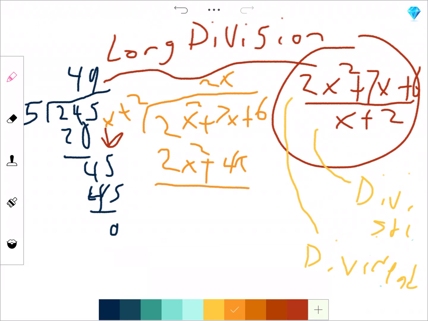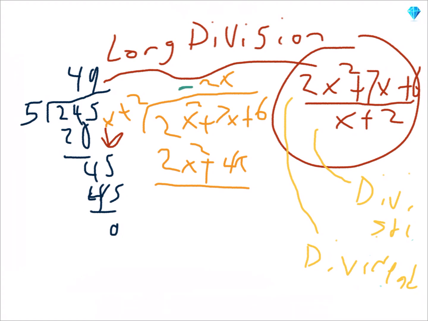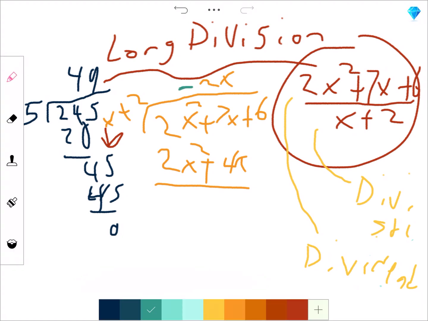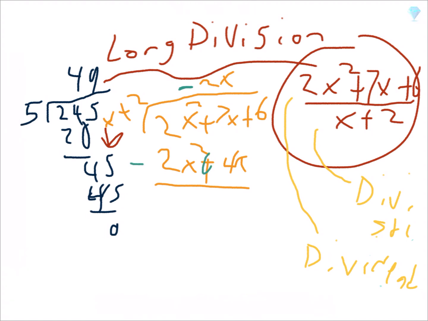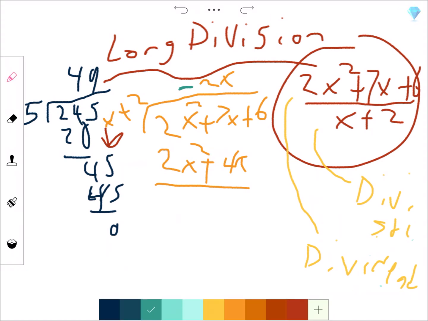You may be thinking, wouldn't this negative 2 up here be a negative? People may think it should be a negative so that you can subtract and get 0. But no, that's wrong. If you look over to the side, in normal long division problems, when you do 5 times 4, you get 20.